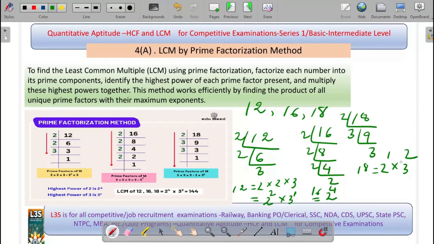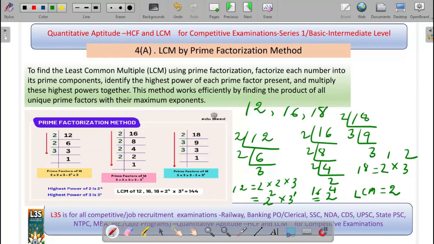Now what is LCM? The highest power for each prime factor present. So LCM here will be 2 to the power of what? What is the maximum exponent of 2?